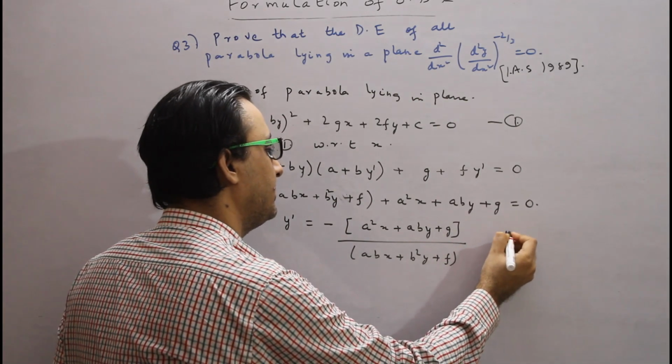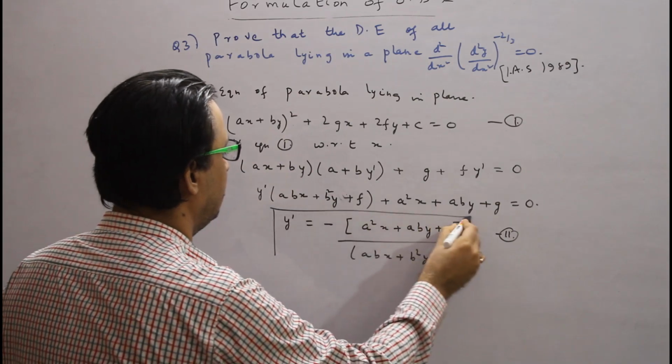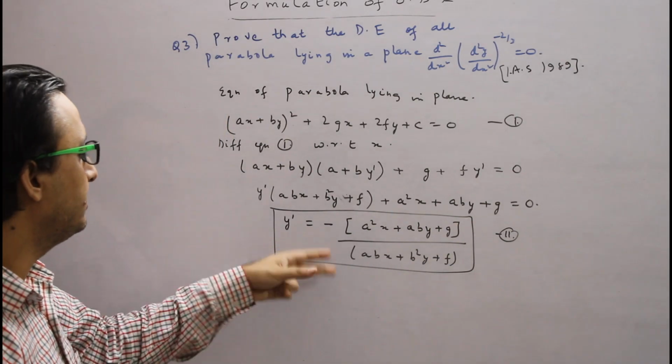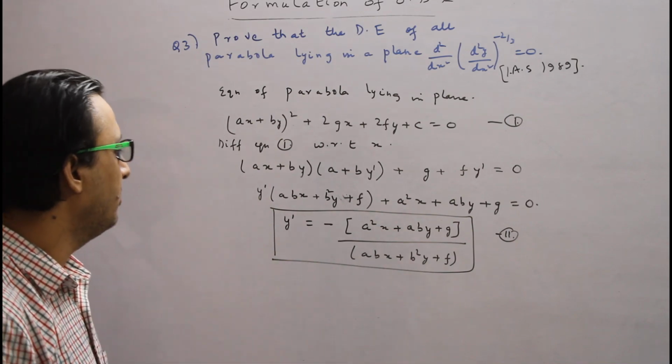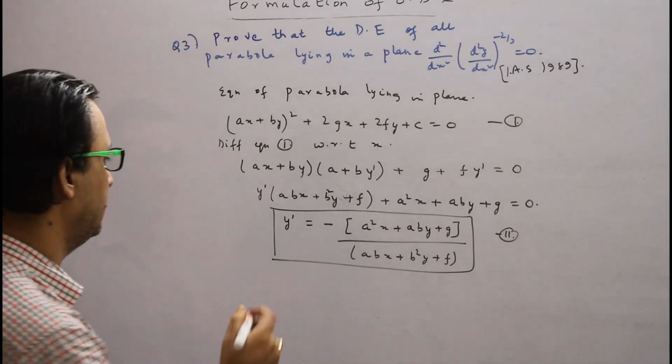We will write this as equation 2, and this is a very important juncture because we will be using it many times. Now we will differentiate it one more time.